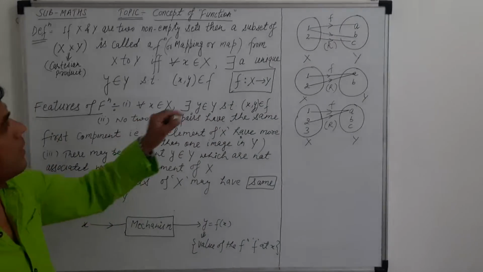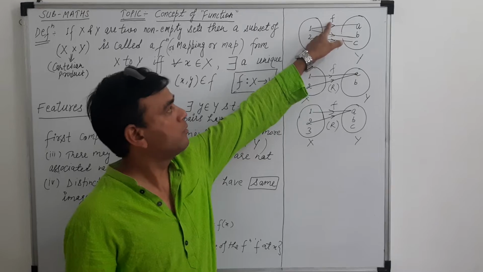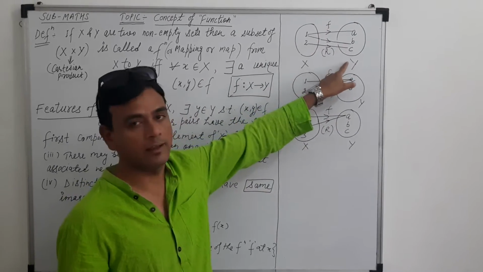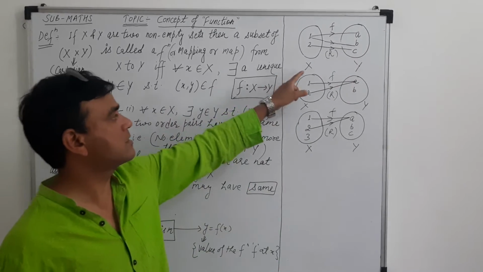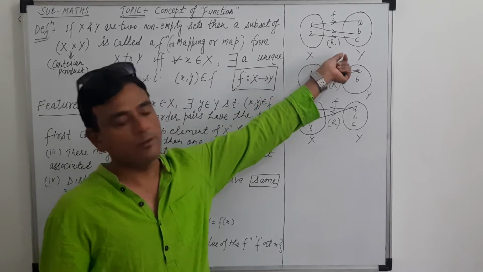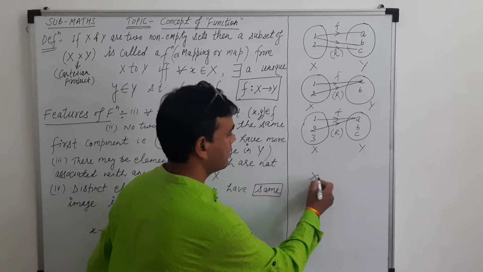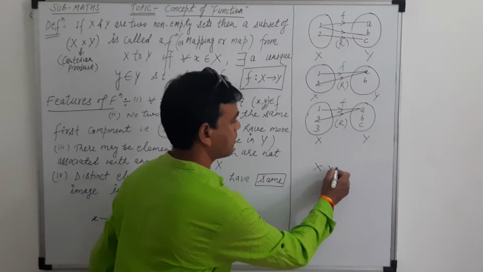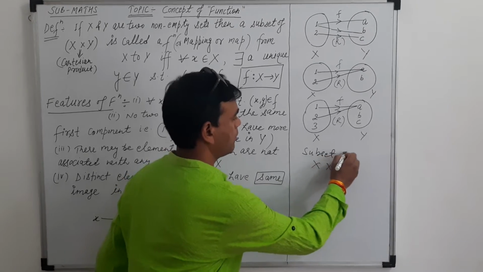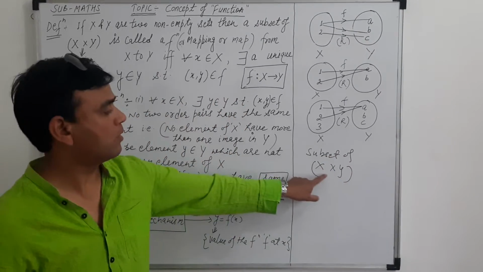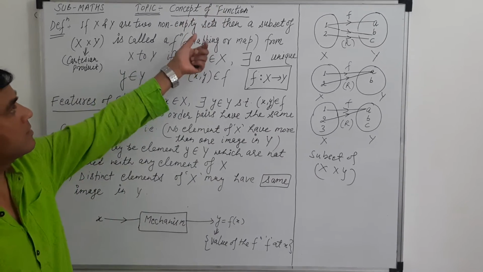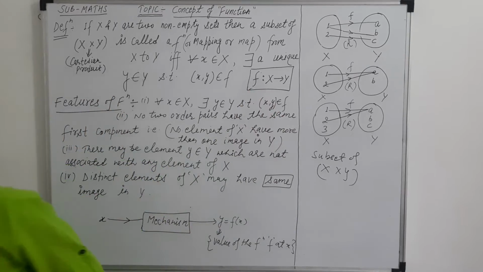So f will be a function when f is a subset of X cross Y. And we already studied in the earlier class that X cross Y is the Cartesian product of sets X and Y. A subset of X cross Y is always a relation, but in what case that relation will be a function, we will discuss here.